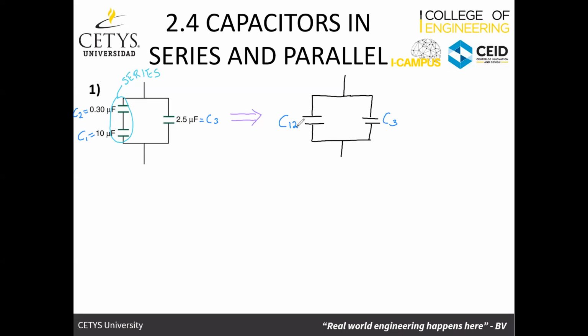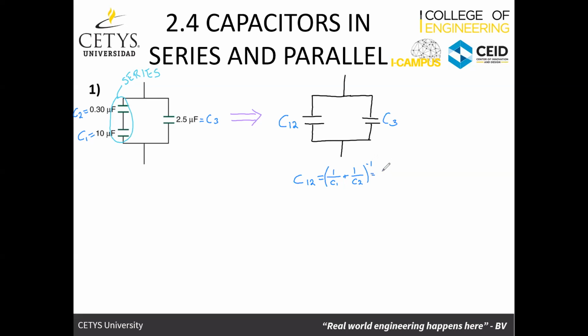What is the value of capacitor 1 and 2? Well, let's calculate that. They are in series, so capacitor 1,2 is going to be equal to 1 divided by capacitor 1 plus 1 divided by capacitor 2, and all of that is going to be elevated to the -1.